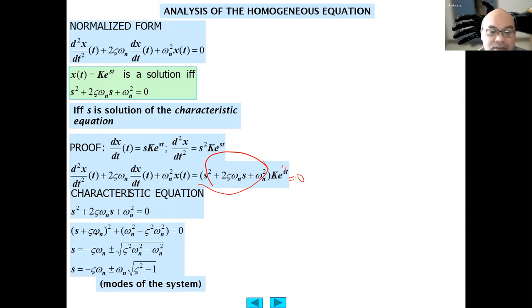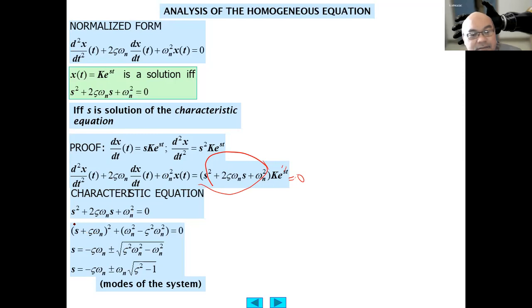This is equal to (s plus zeta omega n)², that is s² plus 2 zeta omega n s plus zeta² omega n², plus this term omega n² minus zeta² omega n². Let's try to find out.